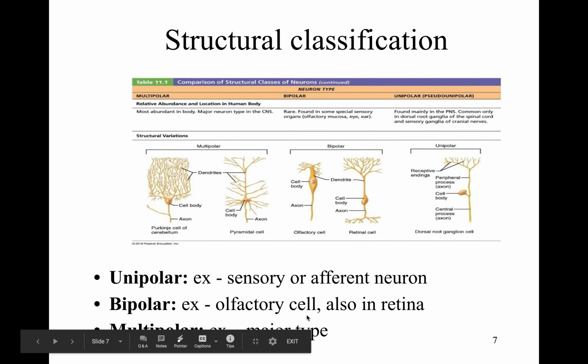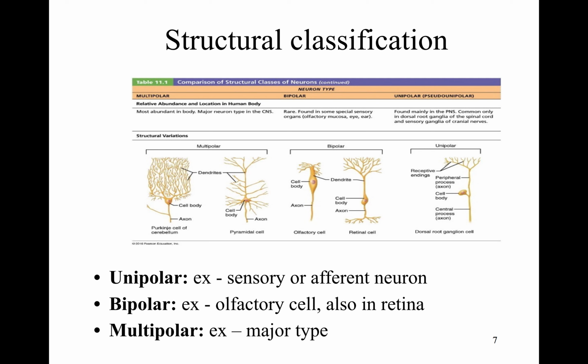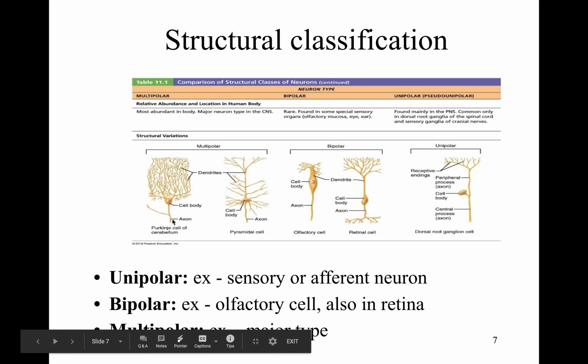Interneurons are primarily multipolar neurons. So interneurons are primarily multipolar, which is their structural classification. So a multipolar neuron is going to have many cellular processes, so it's going to have a bunch of dendrites and an axon.